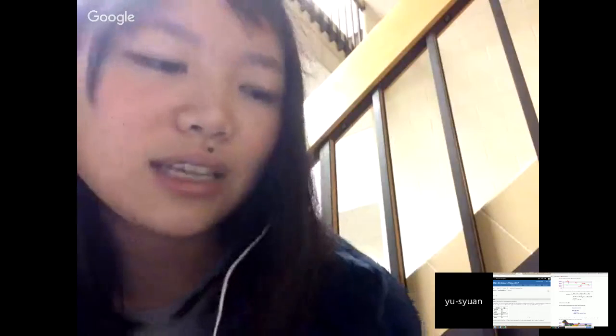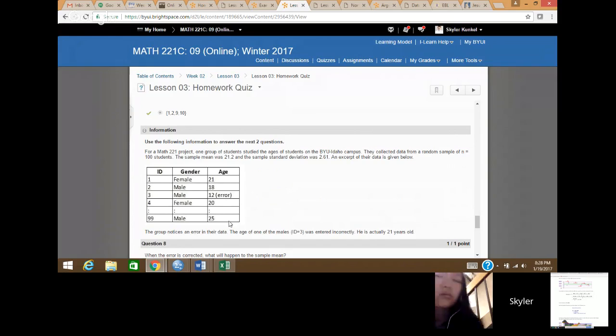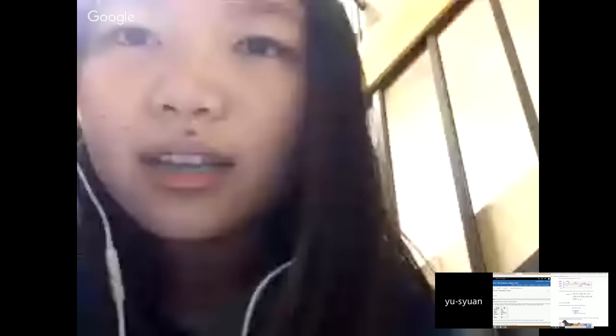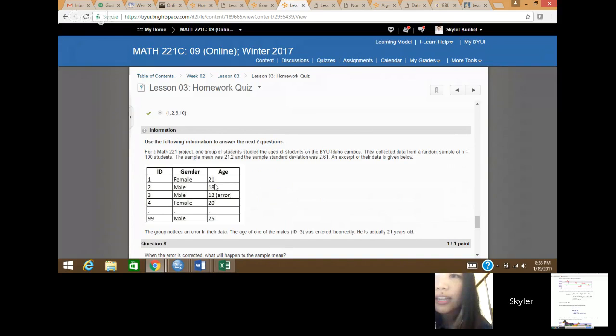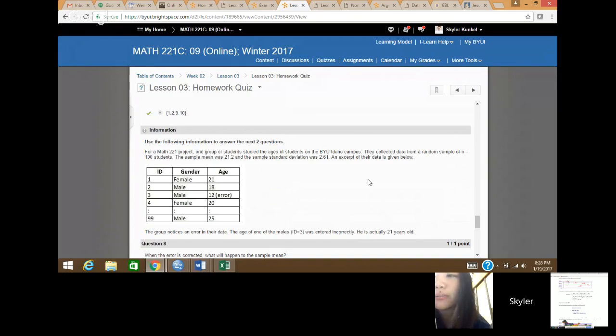Okay. Does that make sense? Can you find the median from this though? On the information that it gave us, it didn't mention how much the median is. It didn't tell us what the median is.